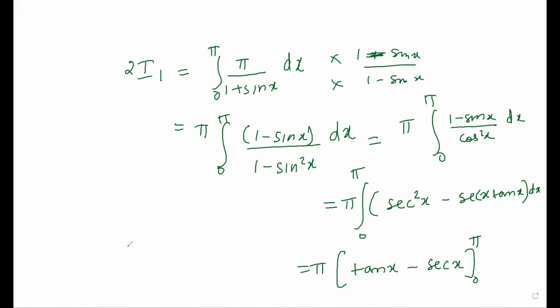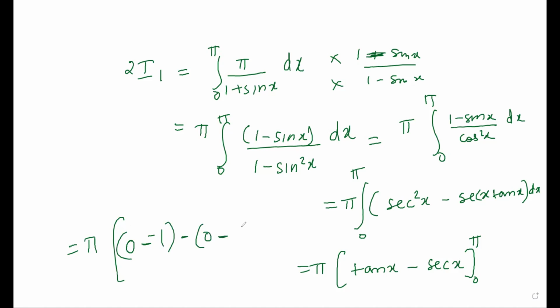So now just put the limits. Pi into tan pi. What is tan pi? Tan 180 is 0, isn't it? Minus sec 180, minus minus 1, minus tan 0 which is 0, minus sec 0.